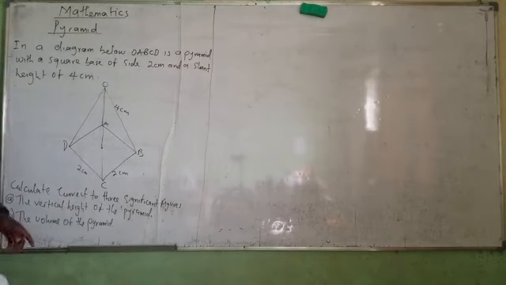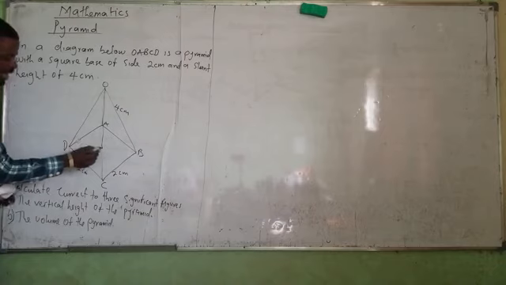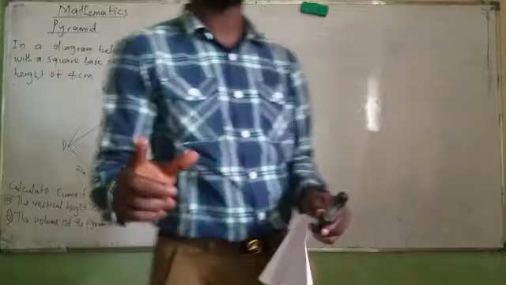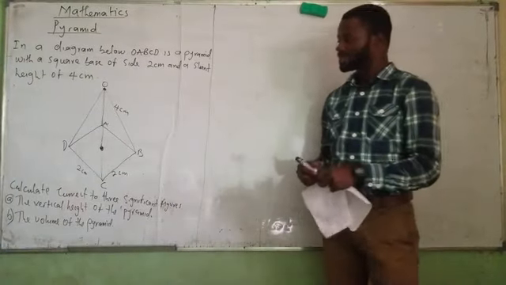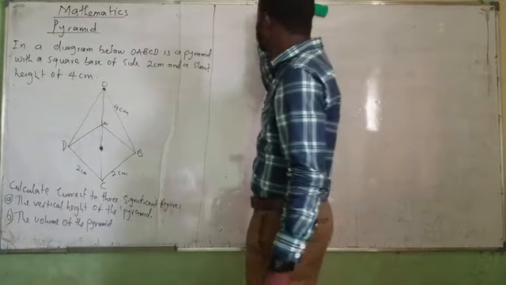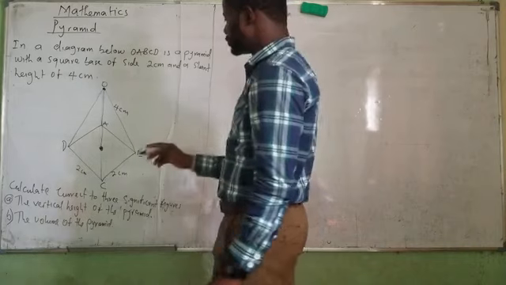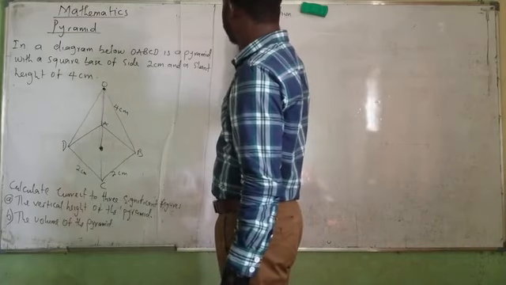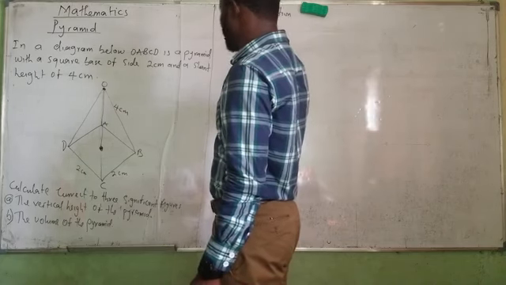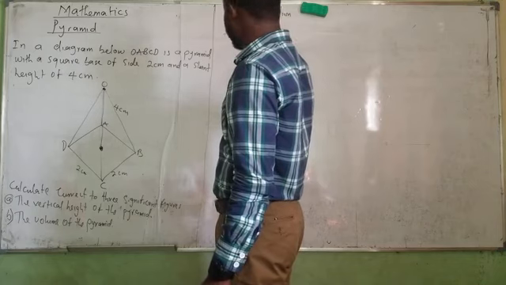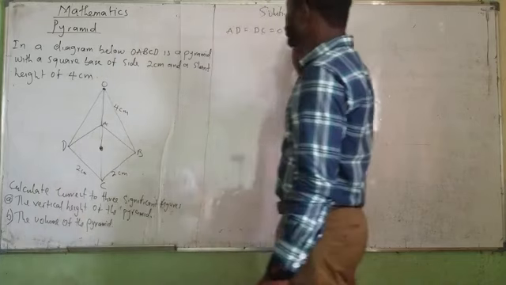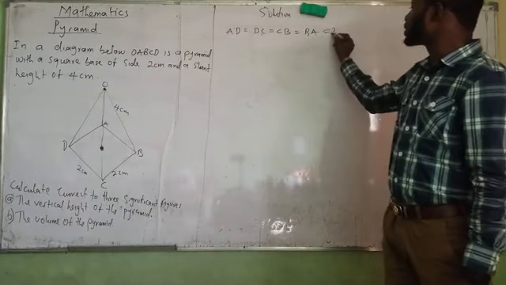Now, this is the vertical height of the pyramid. From here to here is the vertical height of the pyramid. It means we are looking for the height of that particular pyramid. Now, if I were you, it will be very simple to know that we are talking about the solution here. Don't forget that AD equals DC equals CB equals BA, and they are all equal to 2 centimeters.